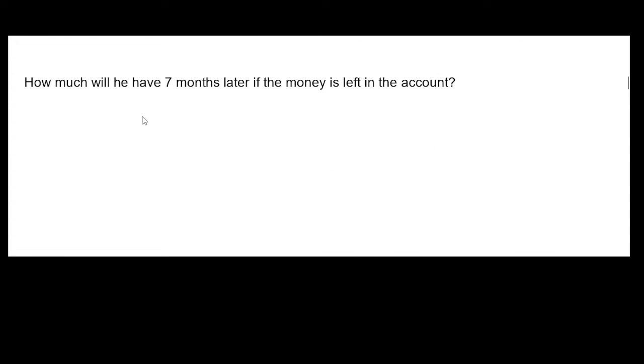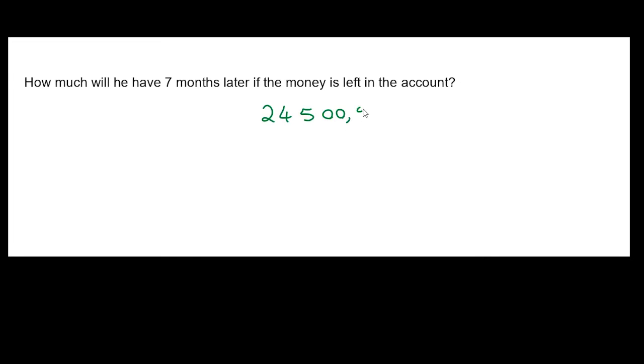Now we get asked, how much will he have 7 months later if the money is left in the account? Immediately after making the last payment, he had 24,590 Rand and 90 cents. Now, this is no longer an annuity calculation. This is literally just our normal compound interest formula.